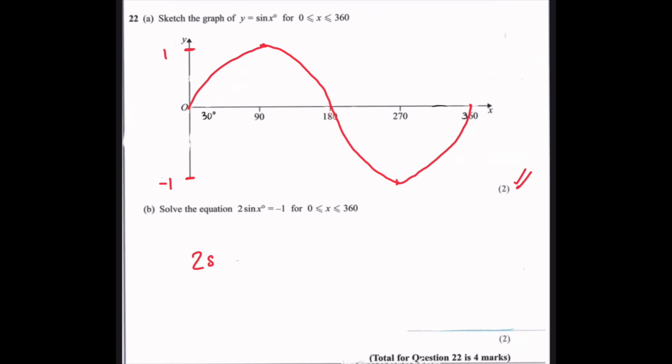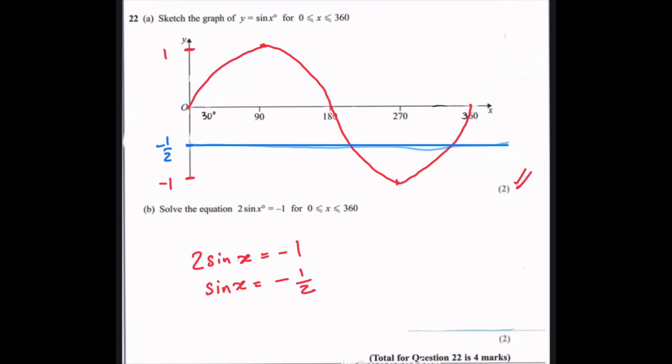Well, if 2 sine x equals minus 1, sine x equals minus a half. I'm going to look for those values on my graph. This is the graph of sine x. Where does sine x equal minus a half? So I'm going to plot here. This is minus a half. And I'm going to draw a straight line like this. I hope.